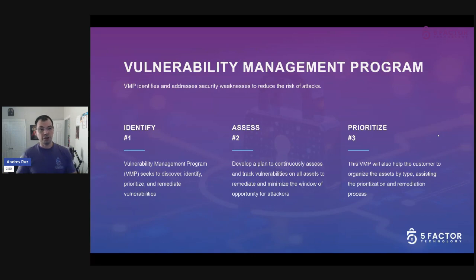You have to first identify your assets, identify what you want to protect, then do some type of vulnerability assessment to be able to say, okay, these are my assets and these are the vulnerabilities present in my assets. And the last part is the prioritization. That means that not every asset is the same, and not every vulnerability will be the same for you to remediate, so you prioritize how much you reduce risk depending on what those may be.